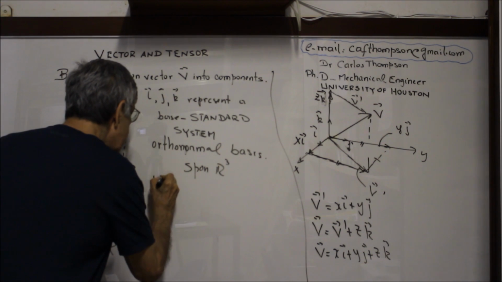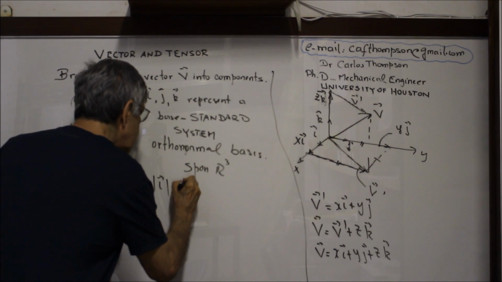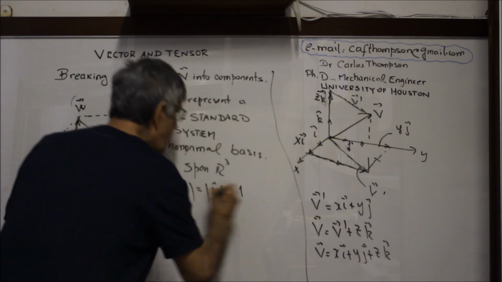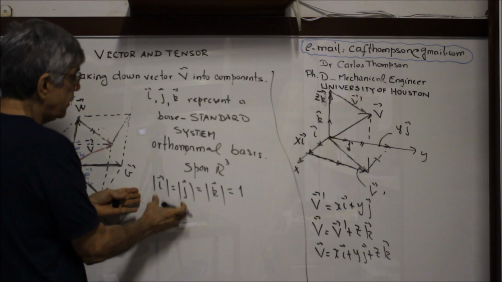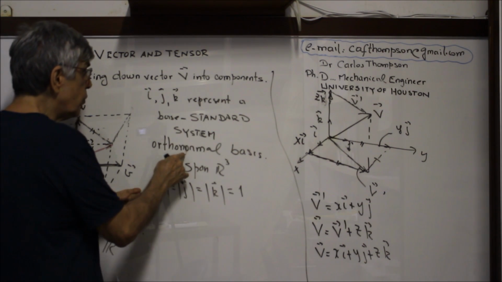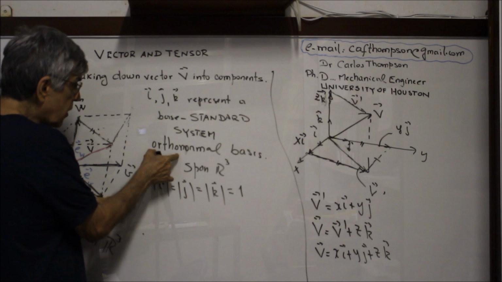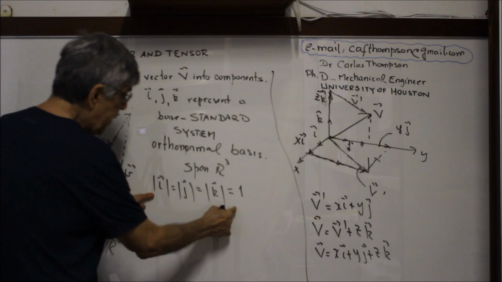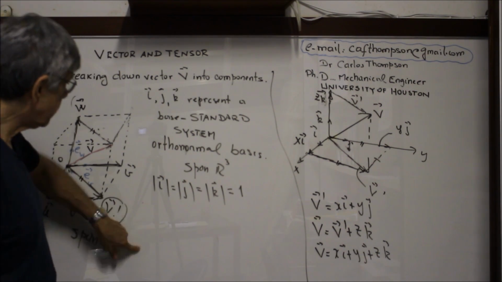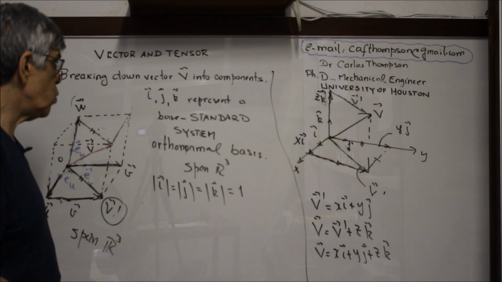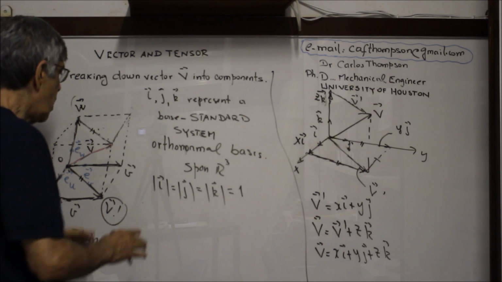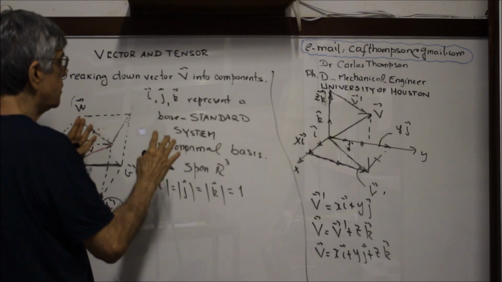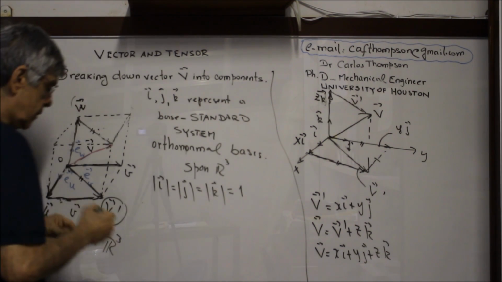The magnitude of i is equal to the magnitude of j is equal to the magnitude of k, and is equal to 1. That's why it's called an orthonormal base: ortho because they are perpendicular to each other, and normal because the magnitude of each unit vector is equal to 1. This is called a standard system, a base system, and they are orthonormal bases.